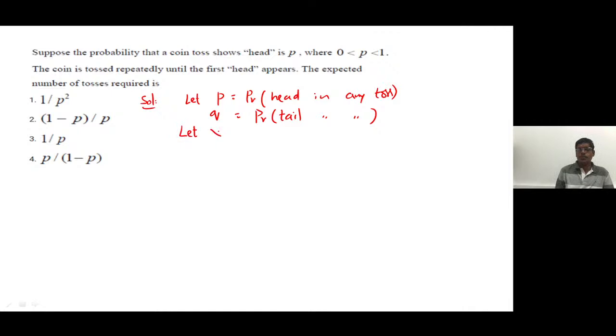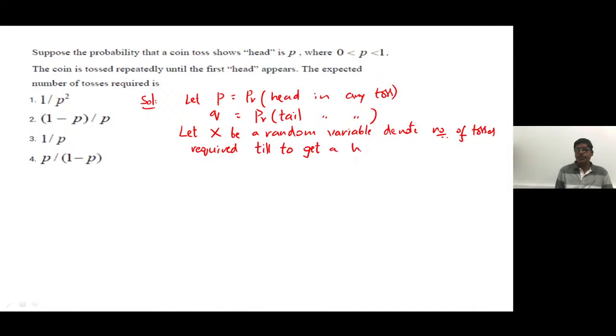This problem is related to random variable definition. Usually random variables are denoted by capital X, capital Y, etc. Let X be a random variable denoting the number of tosses required till we get a head for the first time.